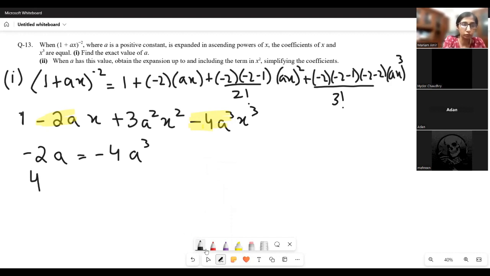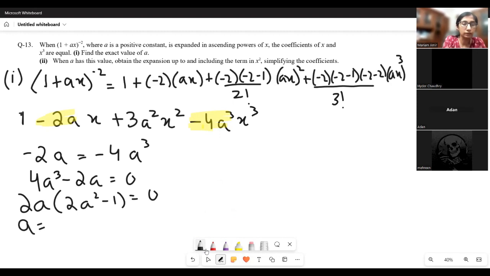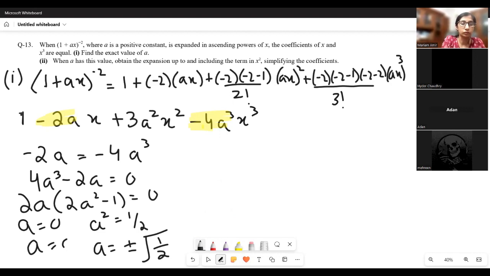So 4a cube minus 2a equals 0. Take 2a common. So we get 2a(2a square minus 1) equals 0. We're getting a equals 0, and a square equals half. So a equals plus minus square root of 1 upon 2, or 1 over square root of 2. And the other one is a equals 0.